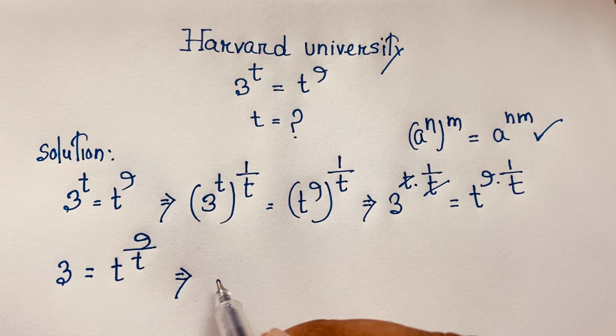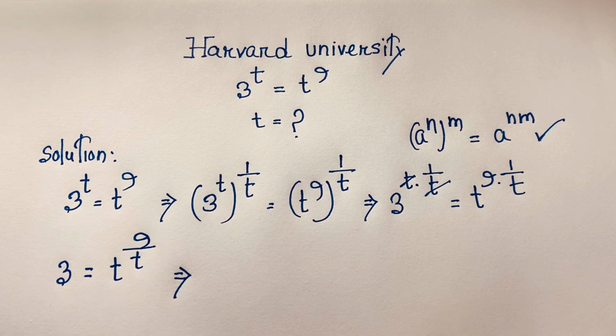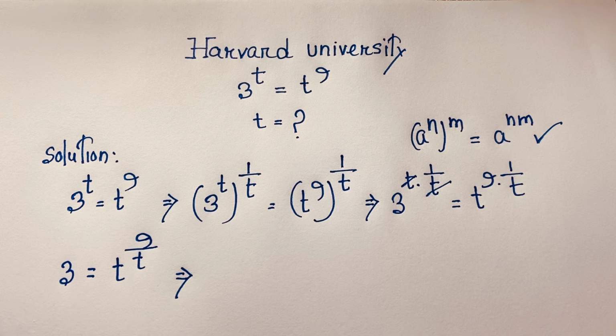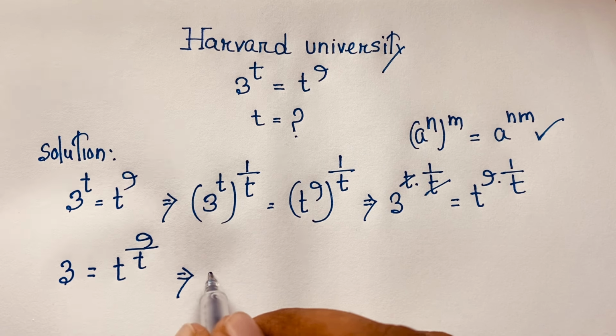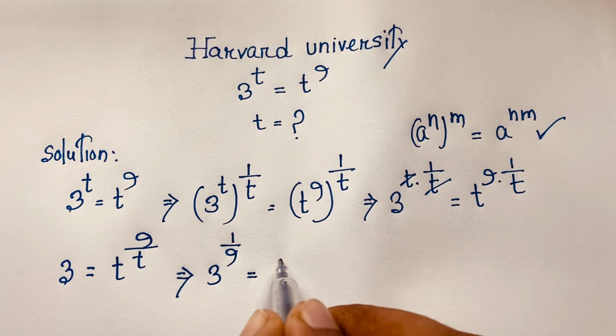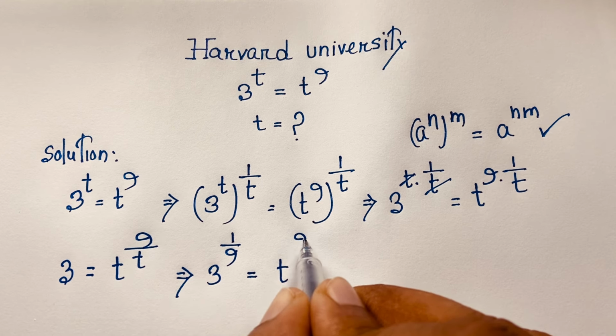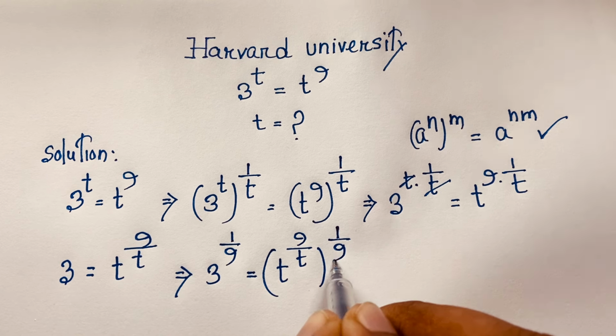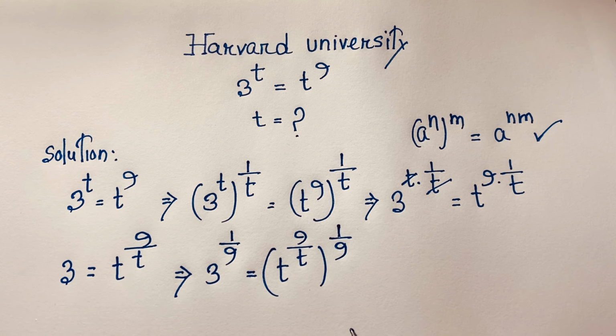Now, at this moment, this is 9, so I use exponent 1 over 9 on both sides. So it will be 3 to the power 1 over 9 is equal to t to the power 9 over t, bracket, power 1 over 9.